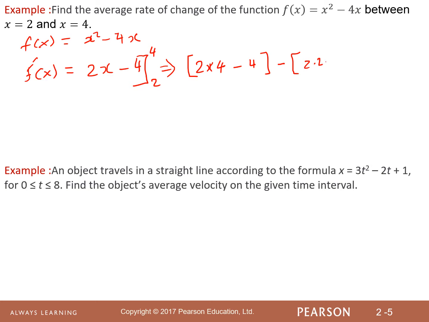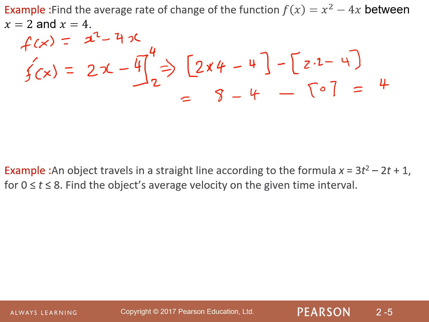So that's going to give us 8 minus 4, minus 0, right? Which is equal to 4, right? Everybody? Yes. Okay, good. Now, the second problem, an object travels in a straight line according to this equation.